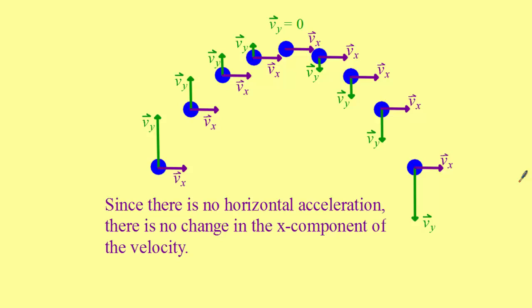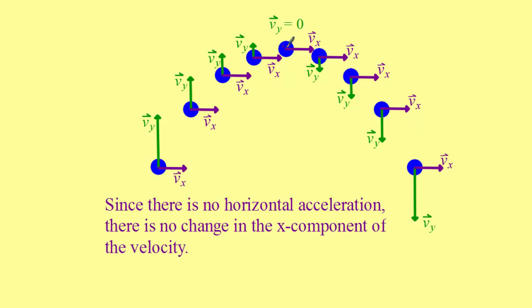Now let's think about the x component. Since there is no horizontal acceleration, remember acceleration was only little g pointing downwards, there is no change in the x component of the velocity. So this projectile here was thrown at an angle, and so its velocity in the x direction is always going to be the same length because it's not changing at all.